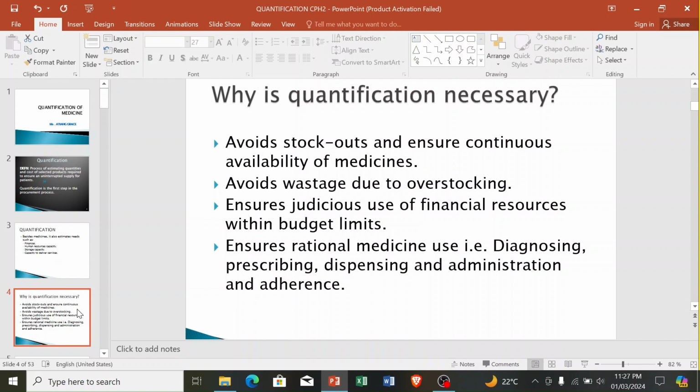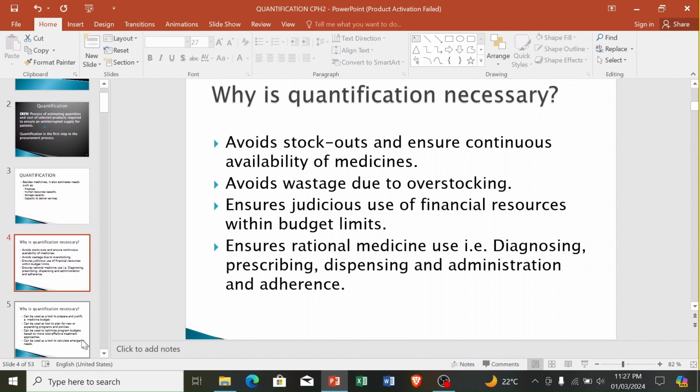And then we see administration and adherence. All this is under rational medicine use, where the right diagnosis is made for the right patient and the right medicine is given to the right patient at the right time, in the right place, at the right dosage. Okay, so that is what we need to know.